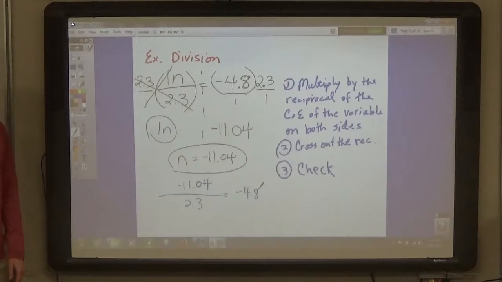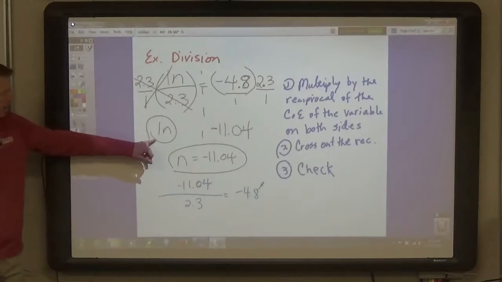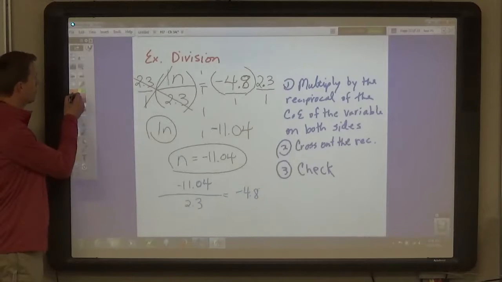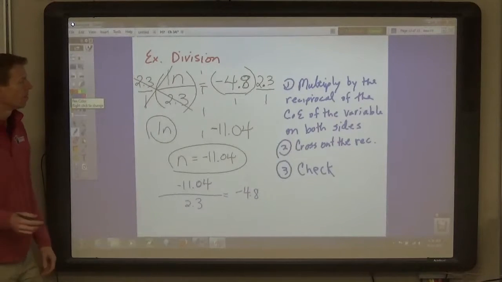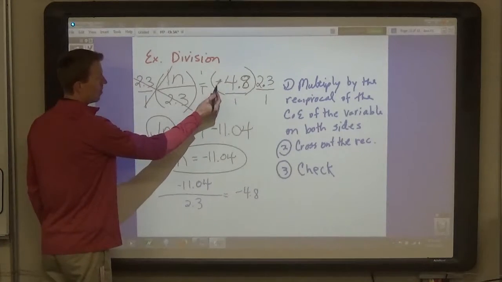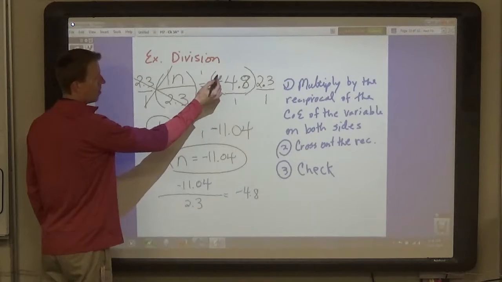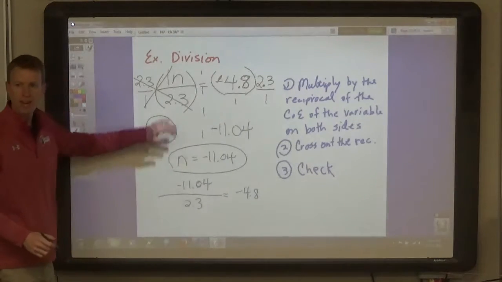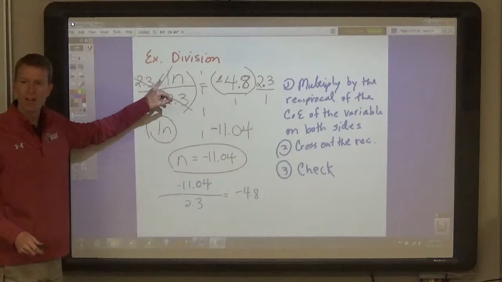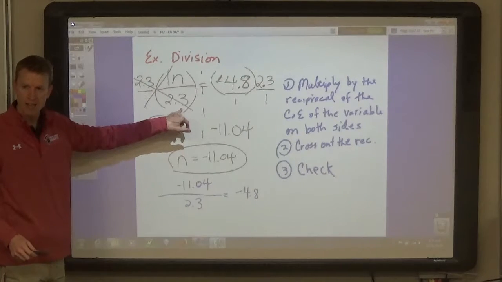Nate? If we're getting 1n, why can't we just do negative 4.8 times 2.3, because we know we have to get it alone? So why can't we just automatically put 1n there? Because you have to get rid of the 2.3 on this side.